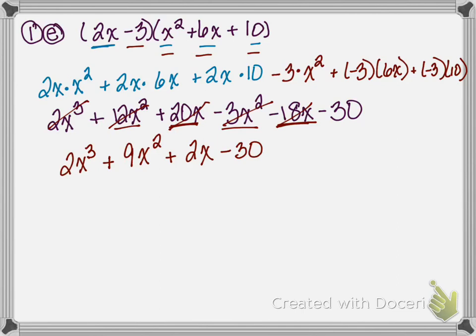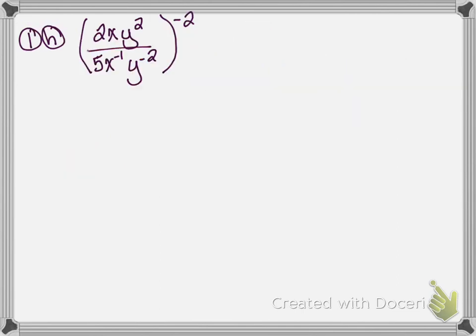The next one we are moving into two exponents. Now, what we have here is an exponent on the outside of the parentheses, and this exponent belongs to everything inside the parentheses.